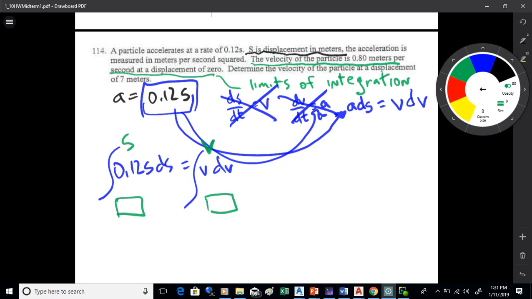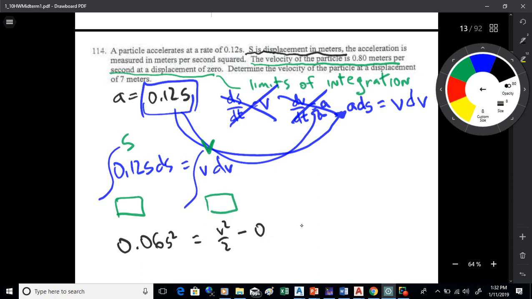These things do get a little messy because that v dv integrates out as v squared over 2. And the algebra on this gets a little bit messy, you might say. So you're going to end up with something on the order of, it just depends on how you do it, I ended up with 0.06 s squared equal to v squared over 2 minus 0.32.